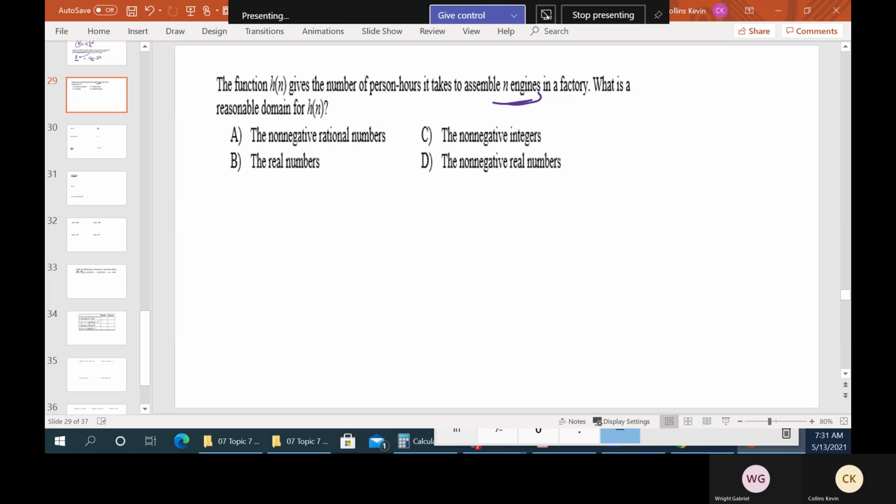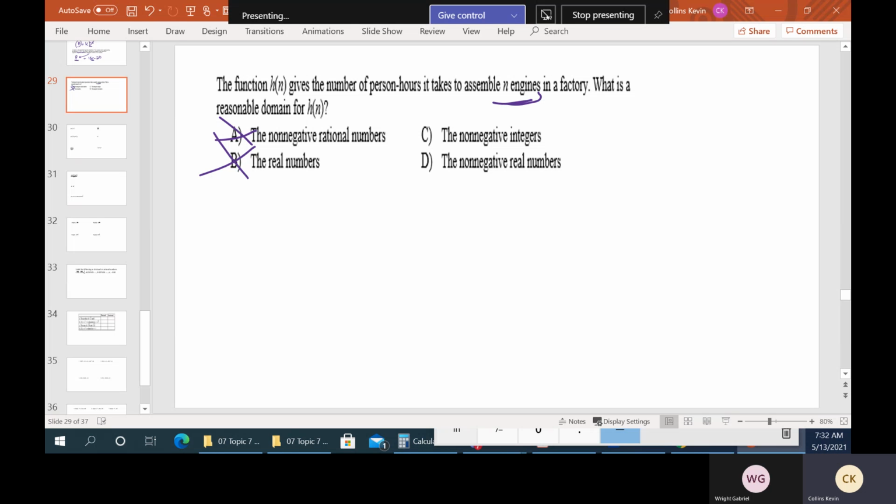Rational numbers can be like 1/2, 1/3, 5/3, things that aren't a whole number, so I'm thinking that's not our guy. The real numbers include negative numbers. I don't think we can make negative engines, so that's out too.